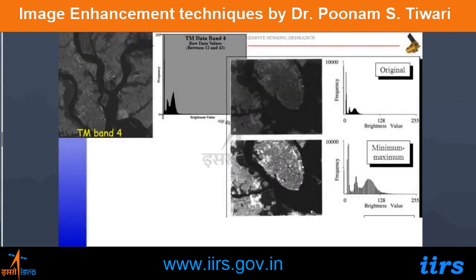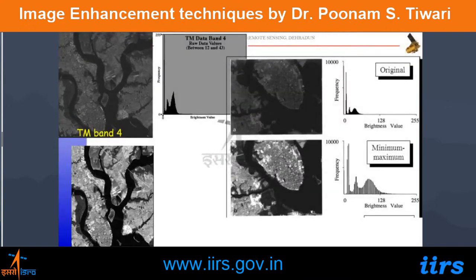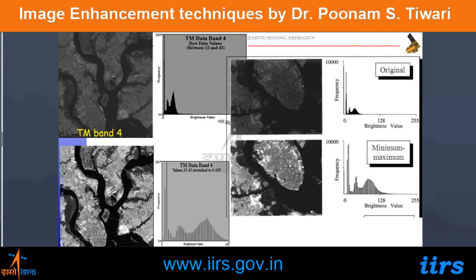This again is using minimum maximum stretching, and this is the stretched histogram. These are some examples of how, after applying minimum maximum stretching, the contrast in your image will improve.